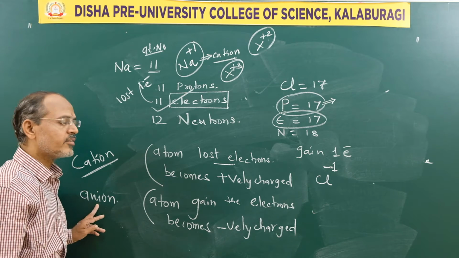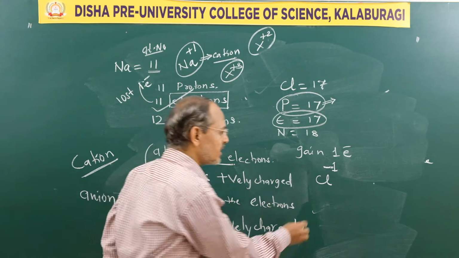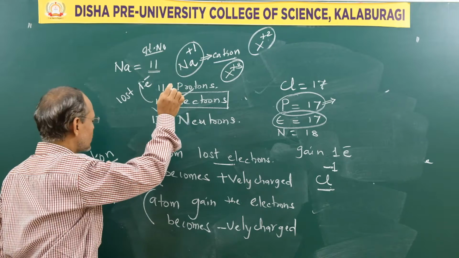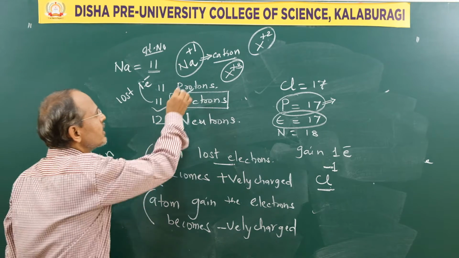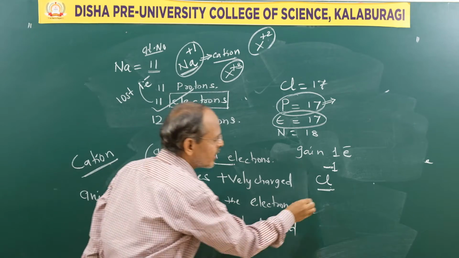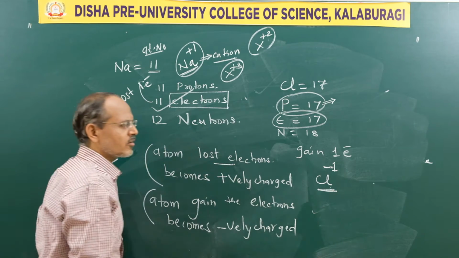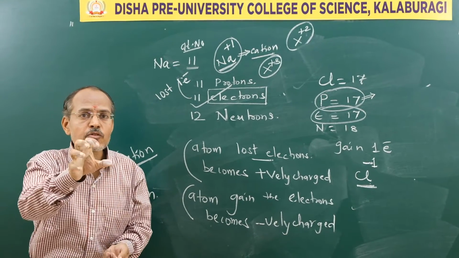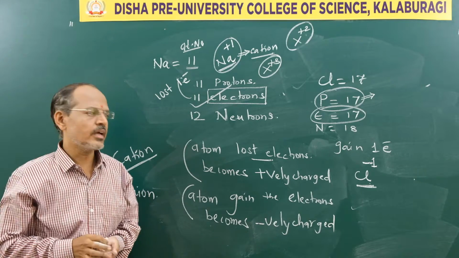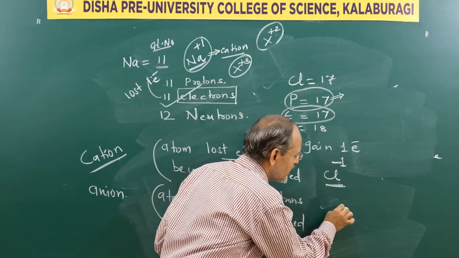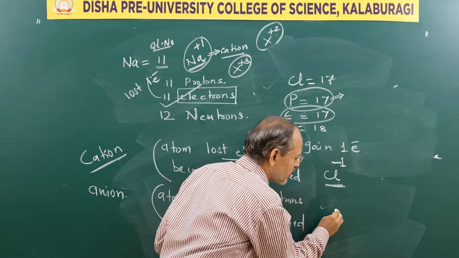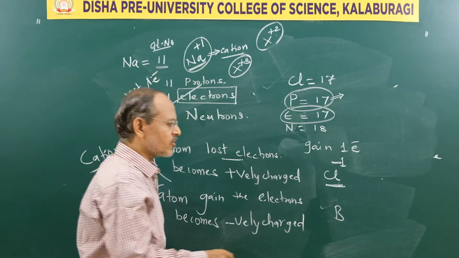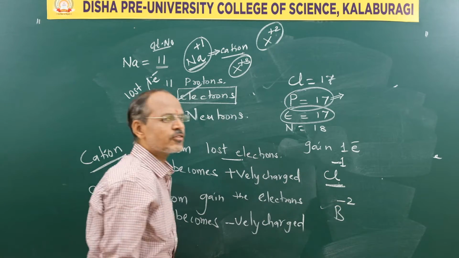I can say it is a negatively charged ion. Here sodium is a positively charged ion and chlorine is a negatively charged ion. Like that, if an atom or molecule, for example B, gains 2 electrons, then I can write B minus 2.